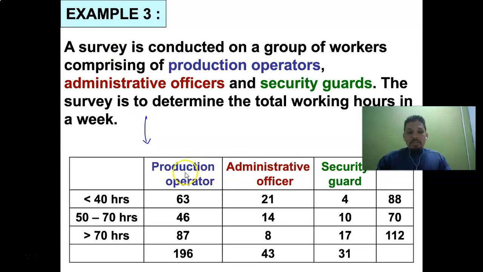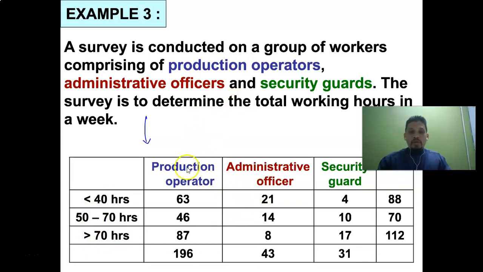So there are 3 different sections: production operators, admins, officers, and security guards. From the survey, they found the number of workers in every sector who work less than 40 hours a week, 50 to 70, and more than 70 hours a week.